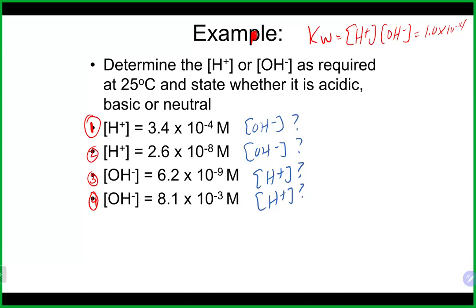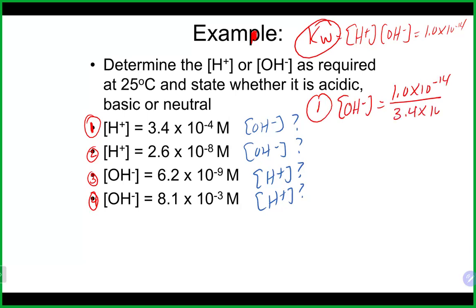We're going to take 1 times 10 to the minus 14 and divide it by what was given to us. So in this case, for the first one here, our OH minus concentration will equal 1 times 10 to the minus 14, which is the value of KW, divided by the H plus concentration that was given to us.